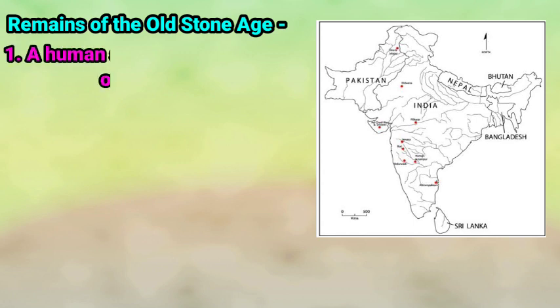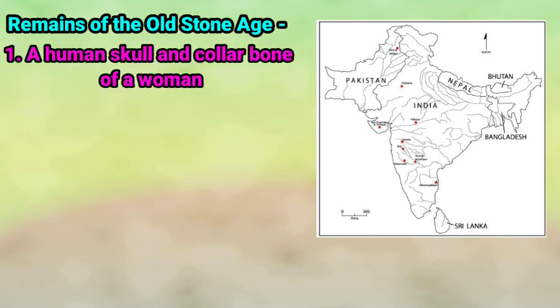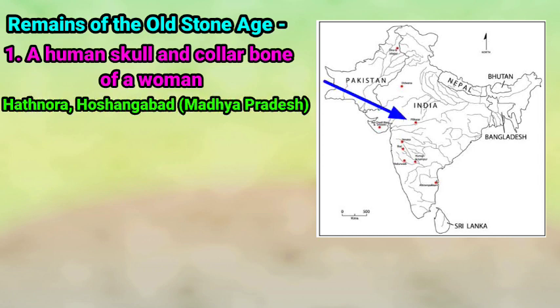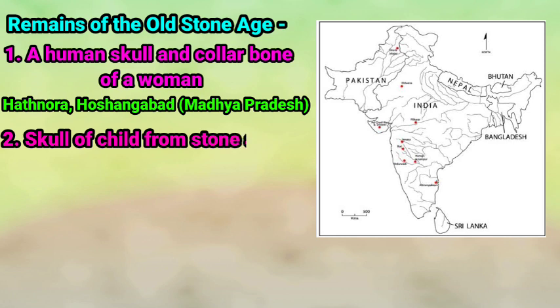The fossils of a human skull and the collarbones of a woman were found near Hatnora, a village near Hoshangabad in Madhya Pradesh, on the bank of the river Narmada. Also, a fossil of the skull of a child from the Stone Age was found at a village near Puducherry. Human remains of Old Stone Age man have been found in Afghanistan and Sri Lanka as well.